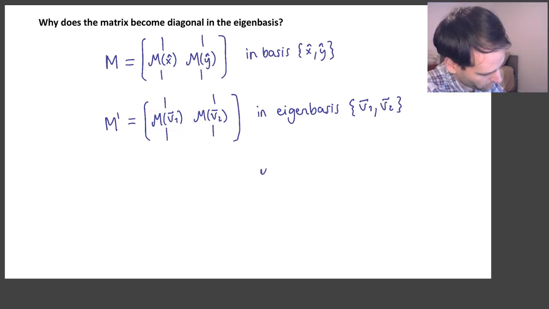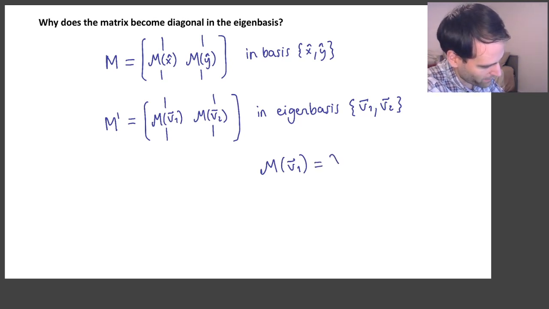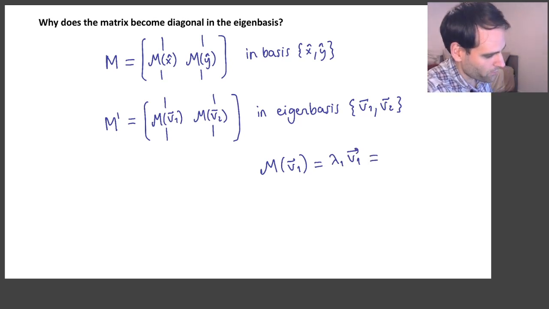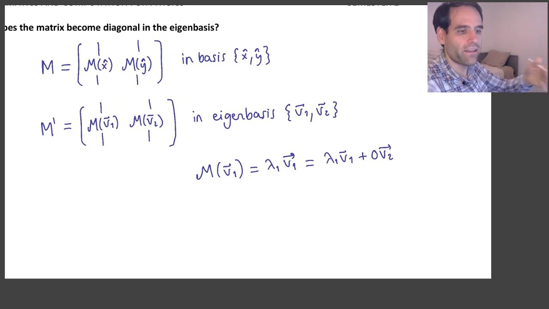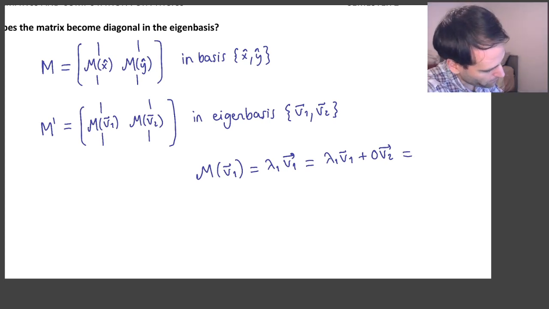Well, by definition of an eigenvector, if v1 is an eigenvector, this is equal to the eigenvalue multiplied by v1. And you can write it as a linear combination of v1 and v2. This is lambda 1 times v1 plus 0 times v2. And if we had n eigenvectors, it would be plus 0 times v3 plus 0 times v4 plus 0 times vn. So it would be written as a vector that is lambda 1, and then the rest is all zeros.